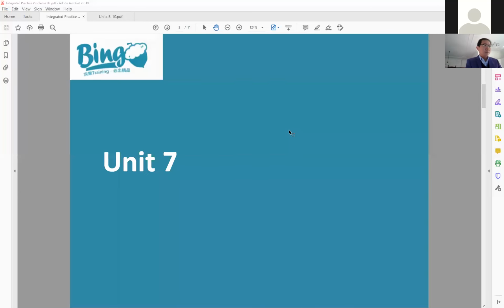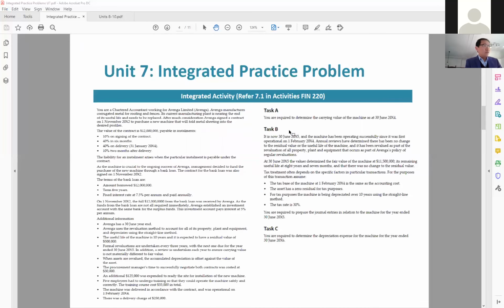So let's get started. This problem has been adapted from Activity 7.1, which is in front of you. Usually what I do is I read the questions first.